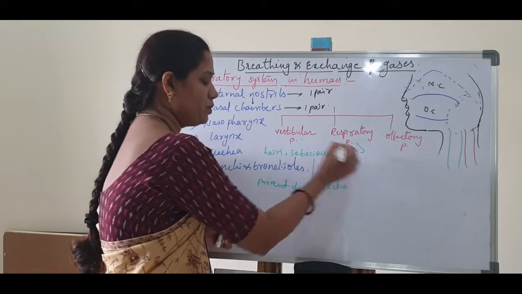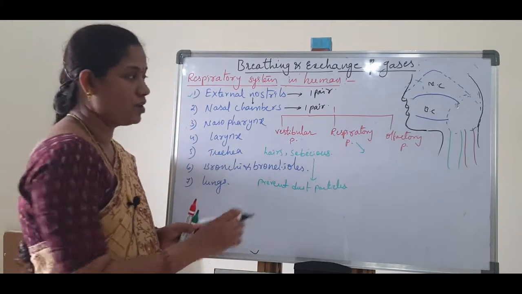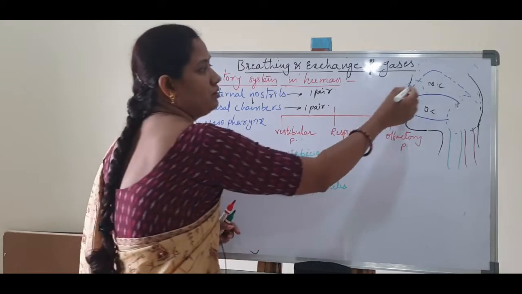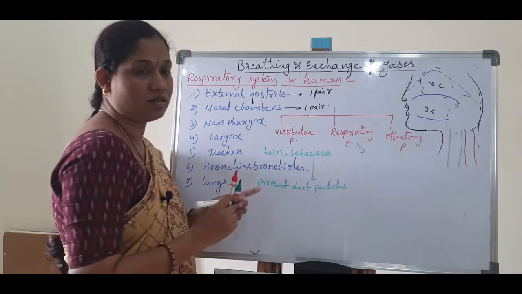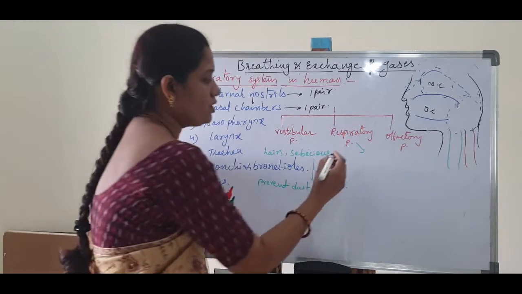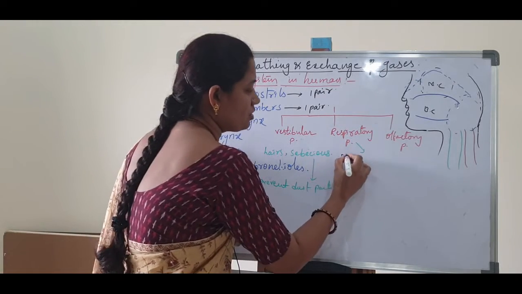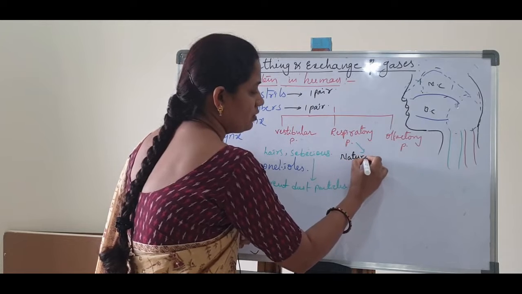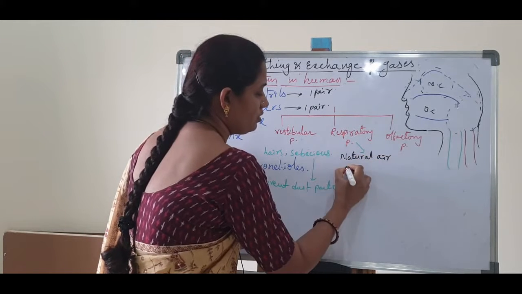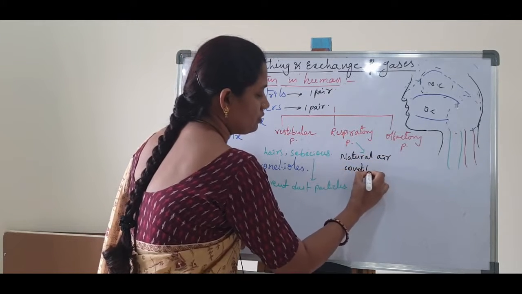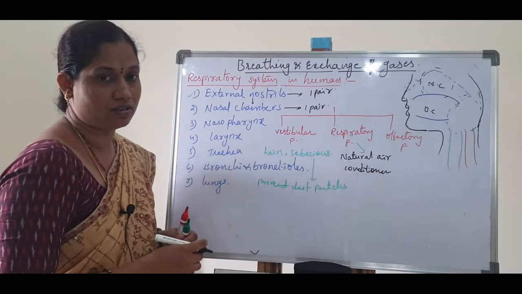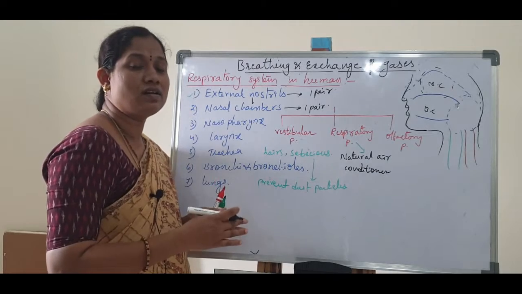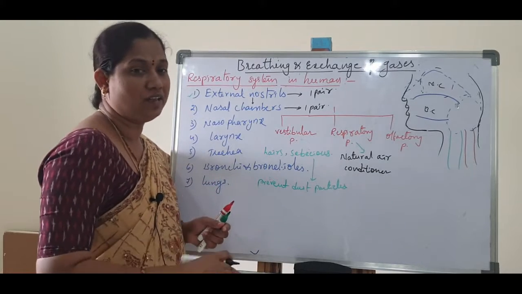Next, respiratory region. The middle portion of the nasal chamber is called the respiratory region. The respiratory region acts as a natural air conditioner, which means it controls the temperature of inhaling air.